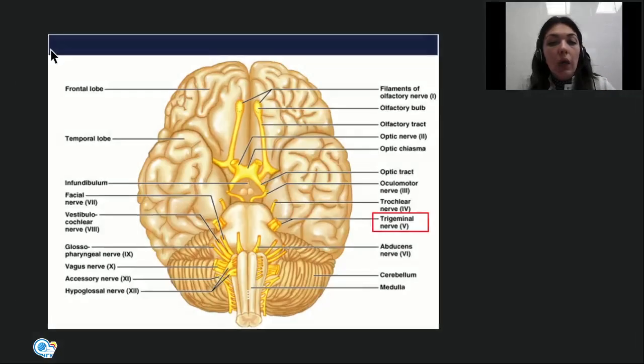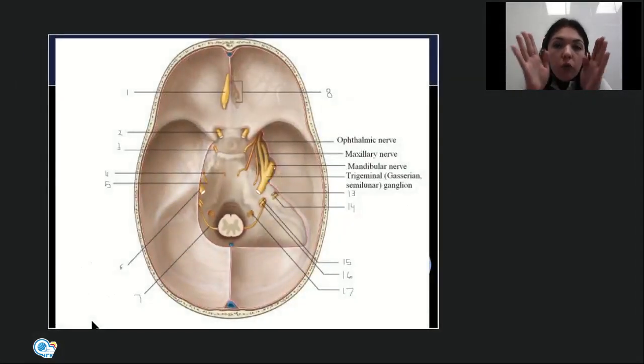Okay, so now about the roots. The roots of the trigeminal nerve, here we can see it, arise at the boundary between the pons and the middle cerebellar peduncles, so in the lateral margin of the pons. After that, the nerve moves anterolaterally and reaches the anterior surface of the petrous part of the temporal bone.